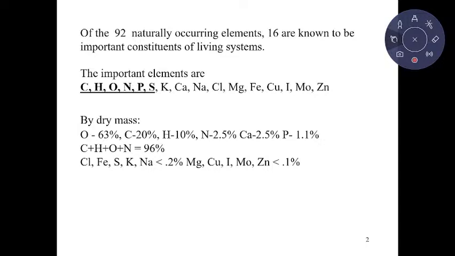And coming to the other elements like chlorine, iron, sulfur, potassium, sodium, they are present in really less amounts compared to magnesium, copper, iodine, molybdenum, zinc. That basic thing you have to know.